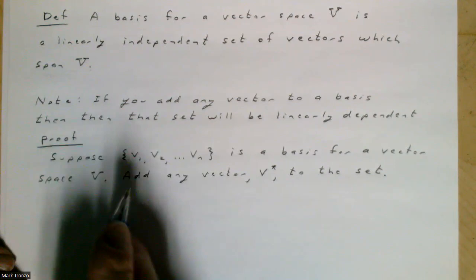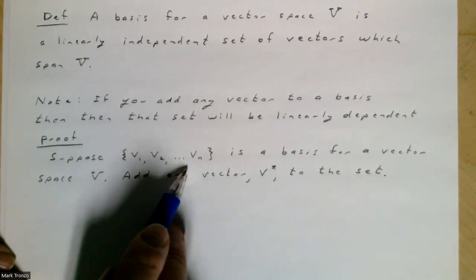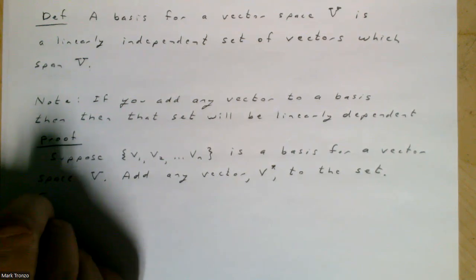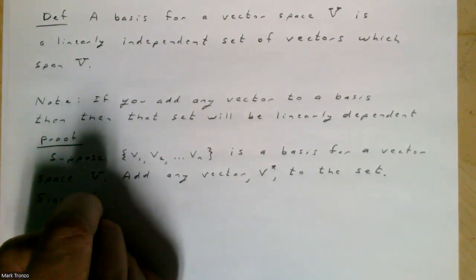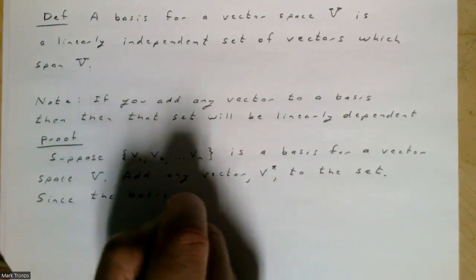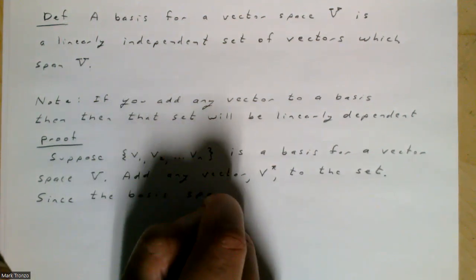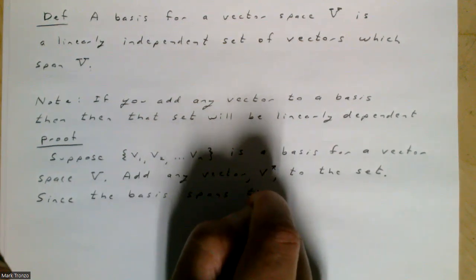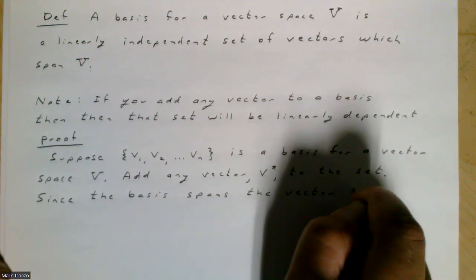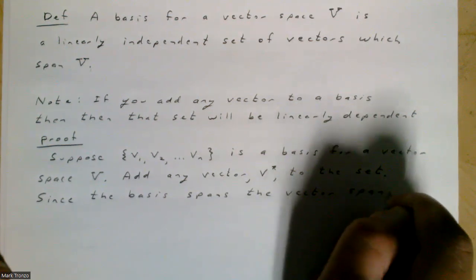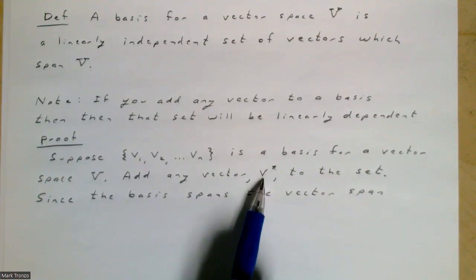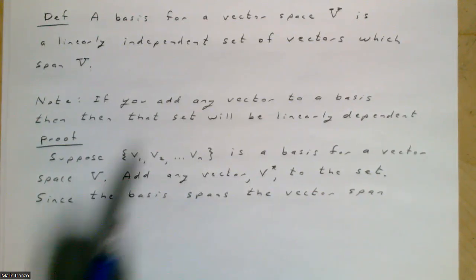Now, since the basis spans the vector space, that means you could get this new vector by a linear combination of these vectors.